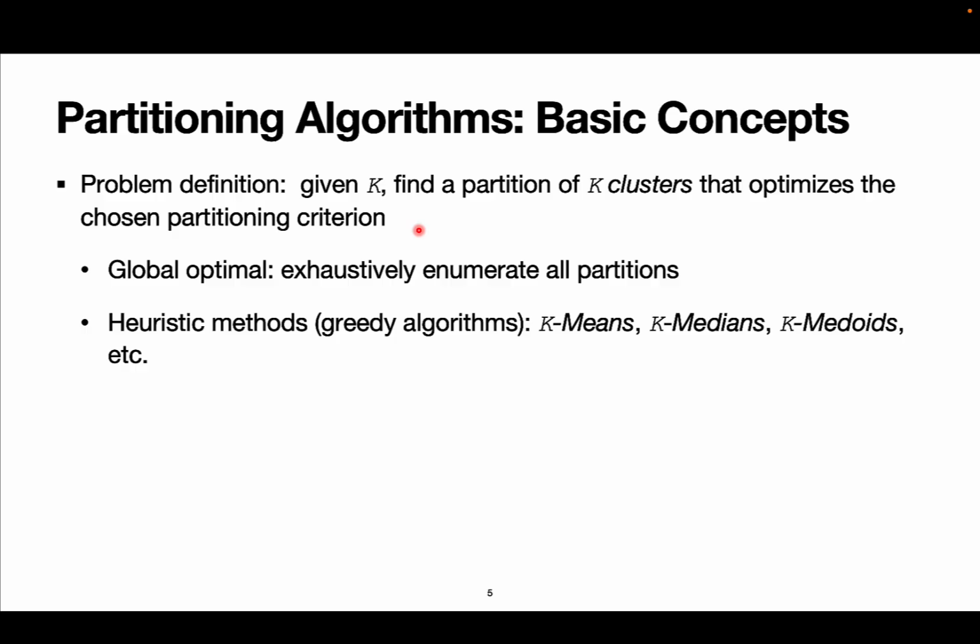In theory, we could try every possible way to partition the data and find a global optimum, but that would require checking a large number of possibilities, which is computationally infeasible. Instead, we use a greedy algorithm such as k-means, k-medians, or k-medoids. These methods still don't guarantee the absolute global optimum, but they work efficiently and usually produce good clustering results in practice.